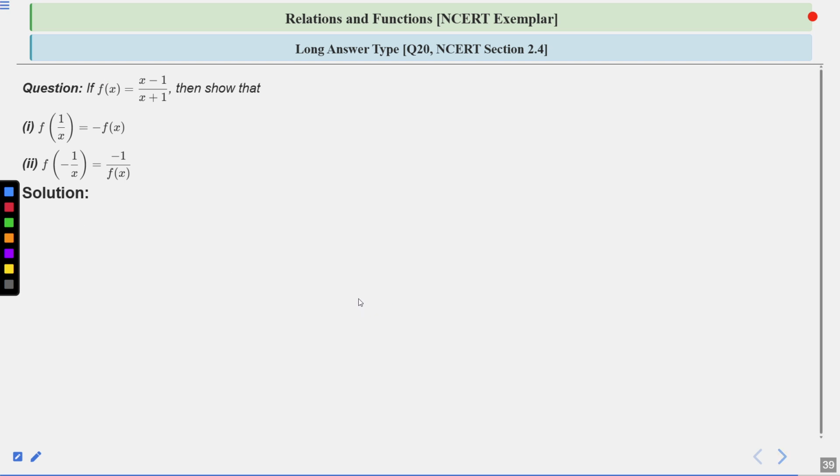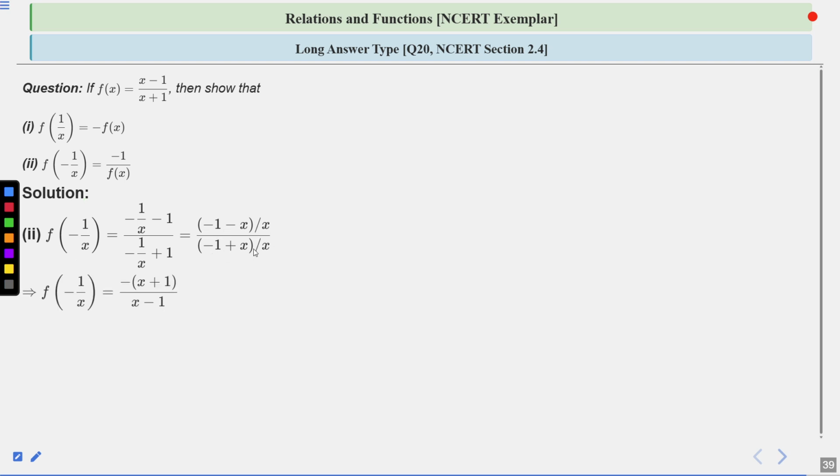Now for second, starting with f(minus 1/x). For input minus 1/x, the output is minus 1/x minus 1 divided by minus 1/x plus 1. The numerator becomes minus 1 minus x by x divided by minus 1 plus x by x. So x will be cancelled.